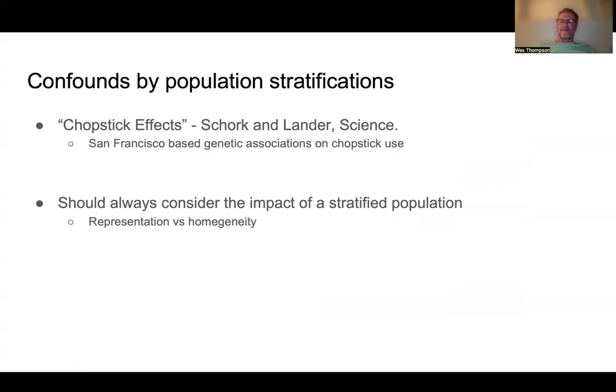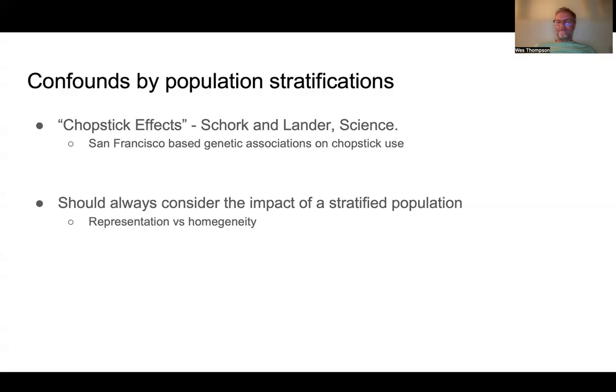So here's a simple demonstration of the concept of population stratification. There's something informally called the chopsticks effect. If you did a GWAS of using chopsticks, which is silly, a ridiculous thing to do, but if you did that in a place like, say, San Francisco, you would have very strong genetic correlations between genetics and using chopsticks.